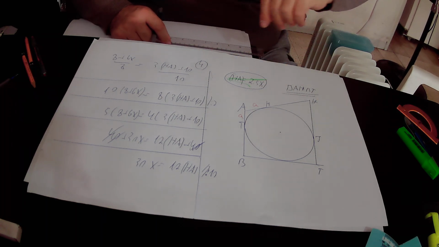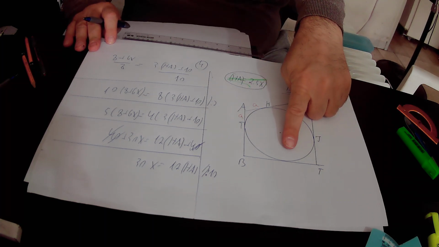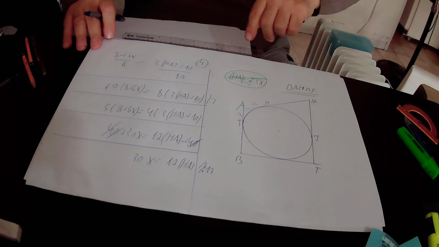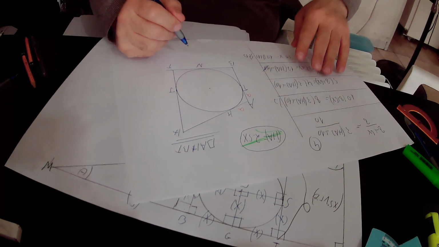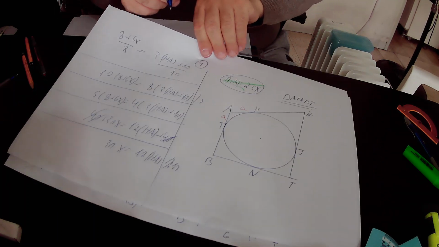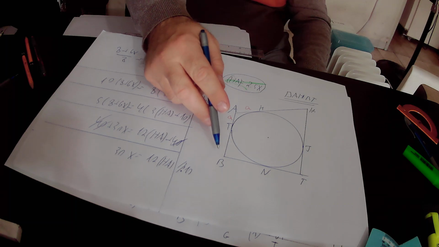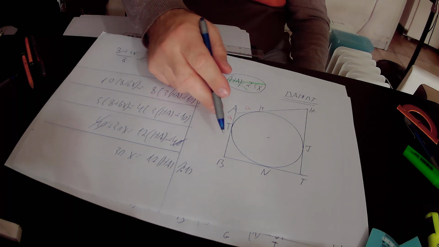Here we will define the point of tangency of tangent BT with this circle as N. So from point B, we have two tangents to this circle, tangent BT and tangent BN. According to rule 2, they are equal to each other.